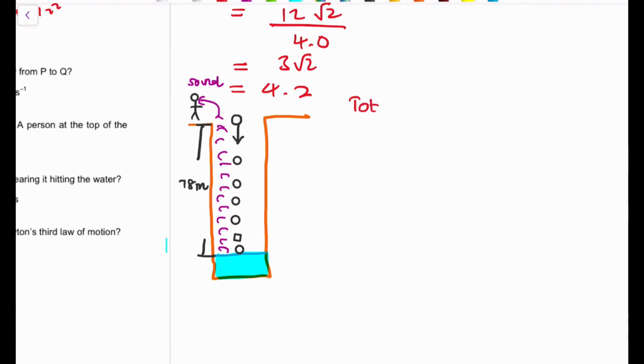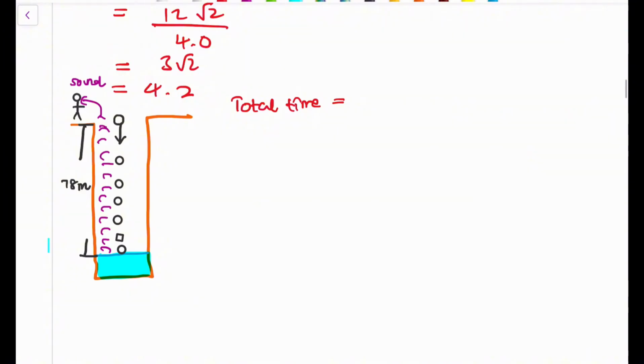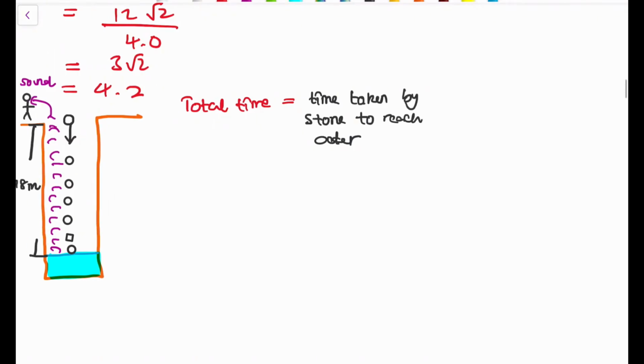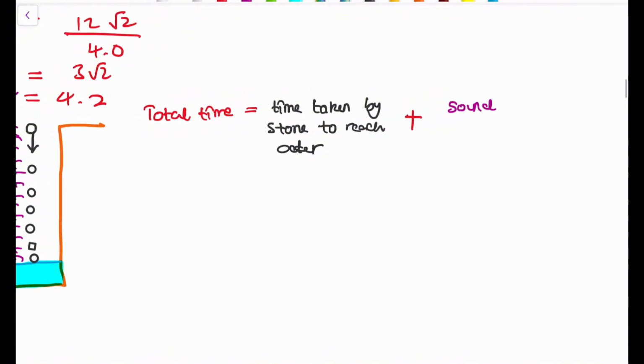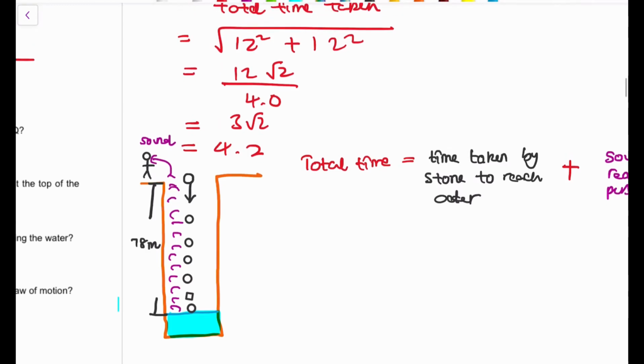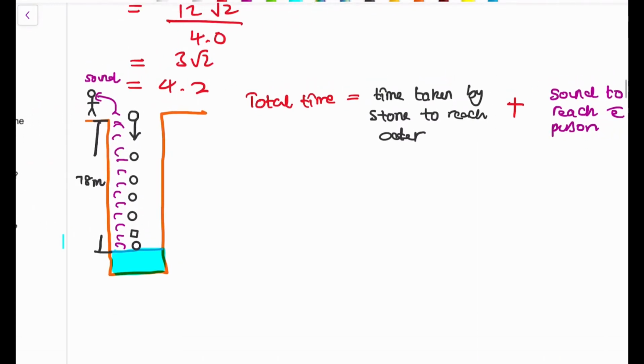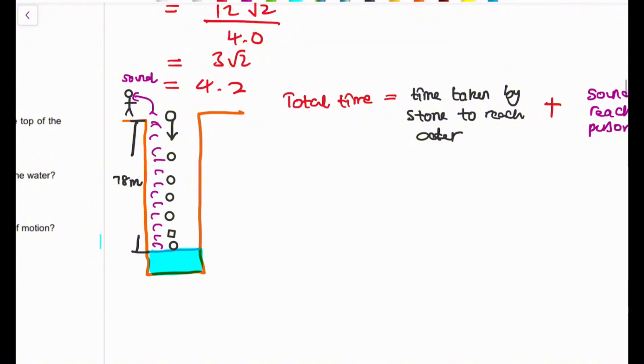The first one is the time taken by the stone to reach the water, plus the time taken by sound to reach the person. So the stone is going to take a certain time to reach the water, and the sound is also going to take a certain time to reach the person.